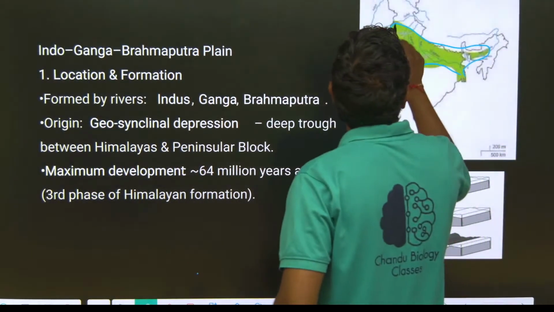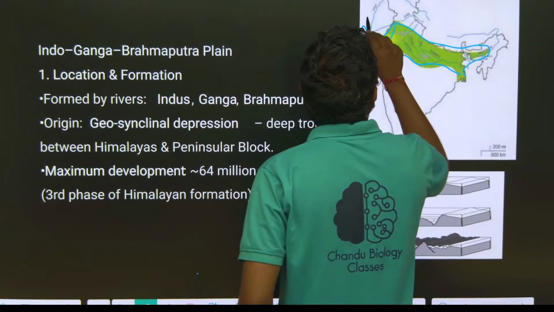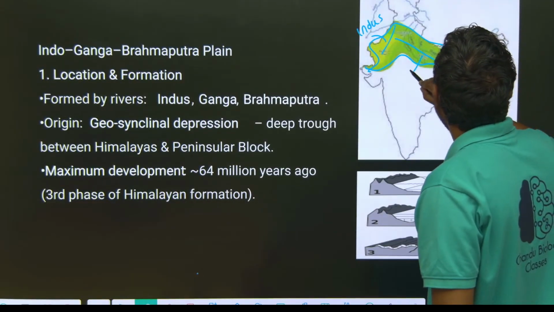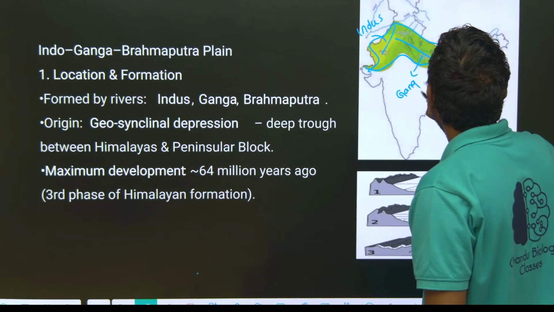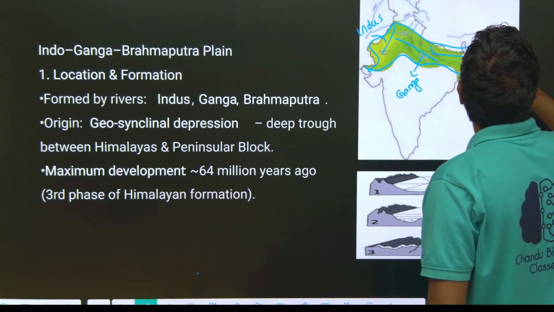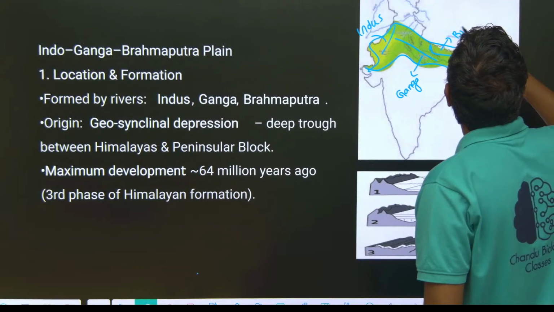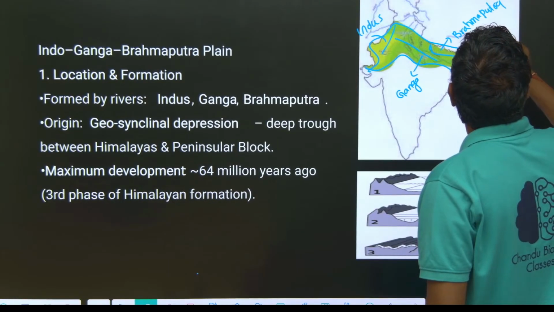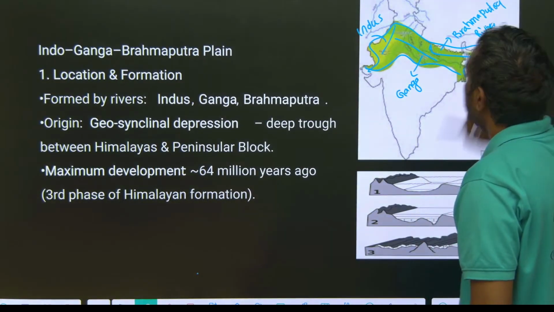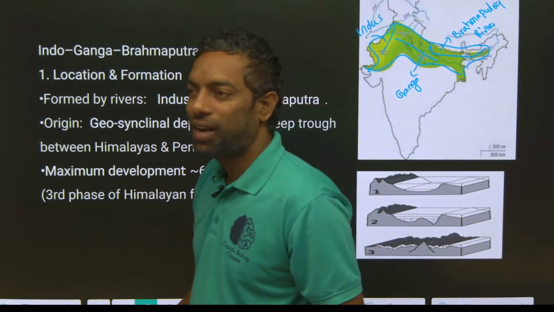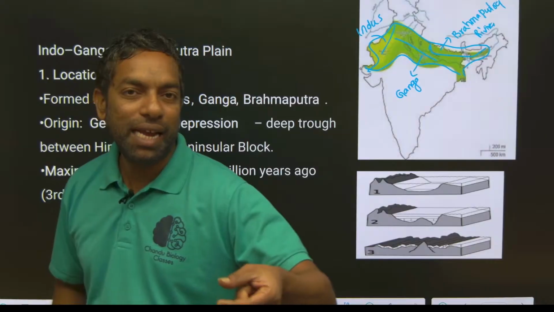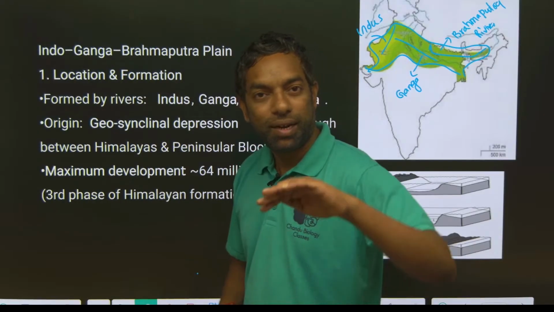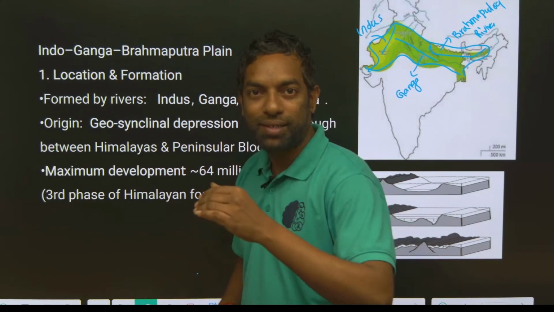This is the Indus River on the west side, the middle down part is the Ganga River, the Gangetic plain, and the northeast side is the Brahmaputra River. These are perennial rivers, where the Himalayan glaciers melt to form a river that can flow through the slopes.